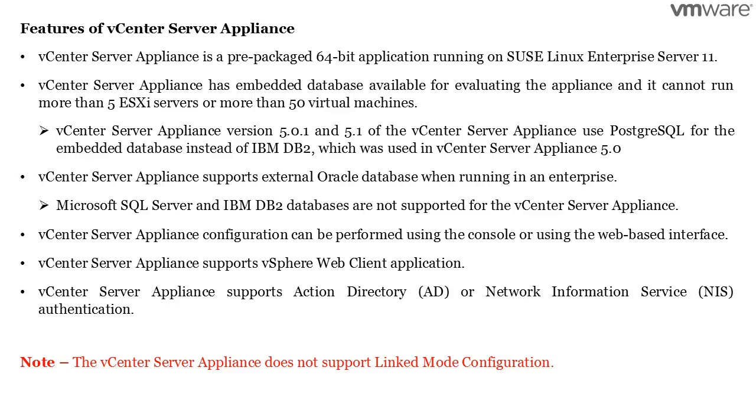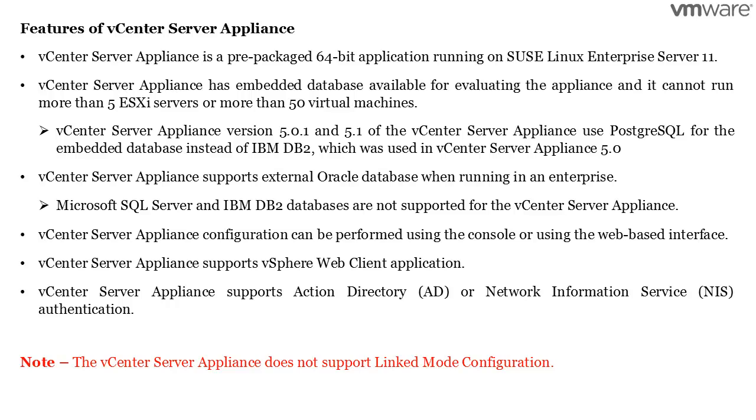Alright, so let's talk about the features of vCenter Server Appliance. So what is vCenter Server Appliance? What operating system does it run on? vCenter Server Appliance is a pre-packaged 64-bit application running on SUSE Linux Enterprise Server 11.